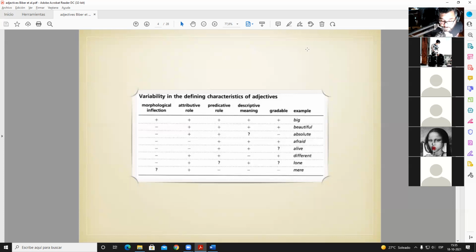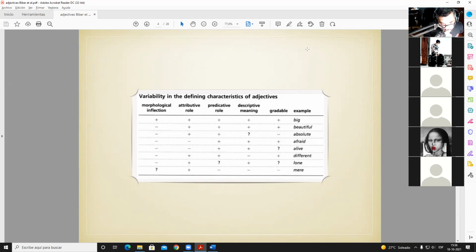I can describe people, yeah, because it's an adjective, and I can grade it. I can say very big, yes. Therefore, it's gradable, and as it fulfills the whole criteria, then we're going to consider it as a central adjective.